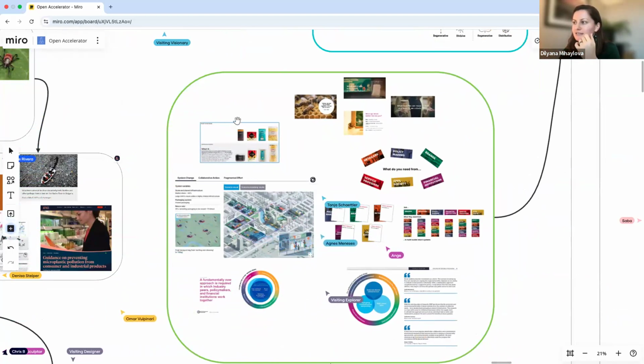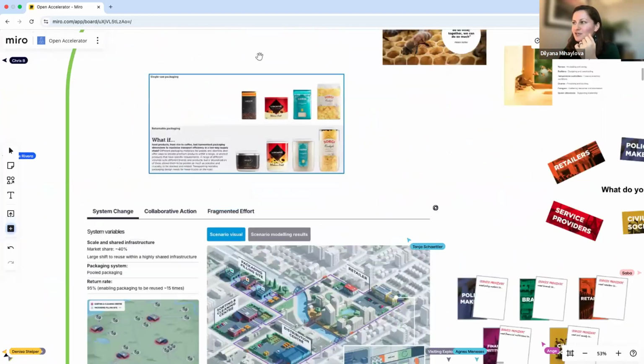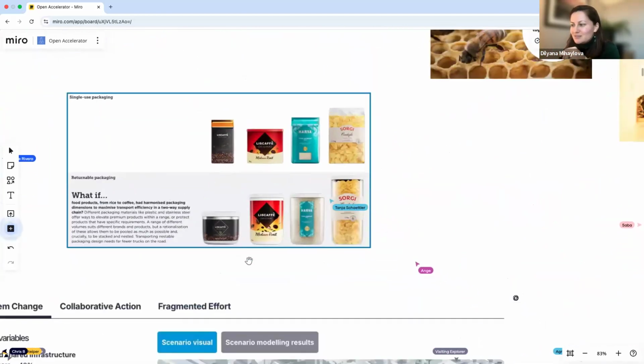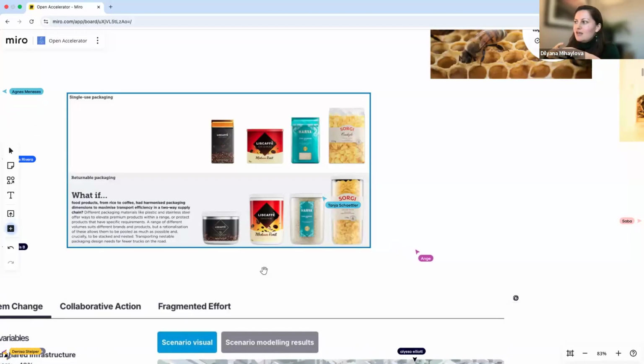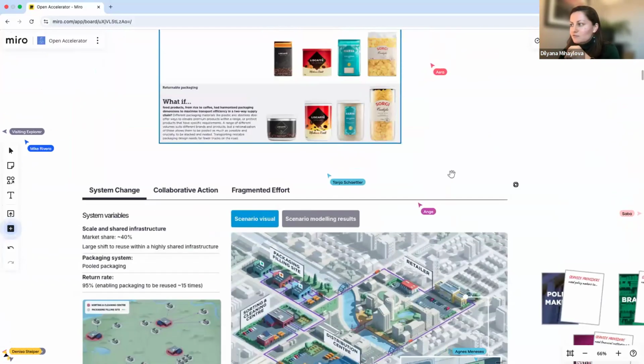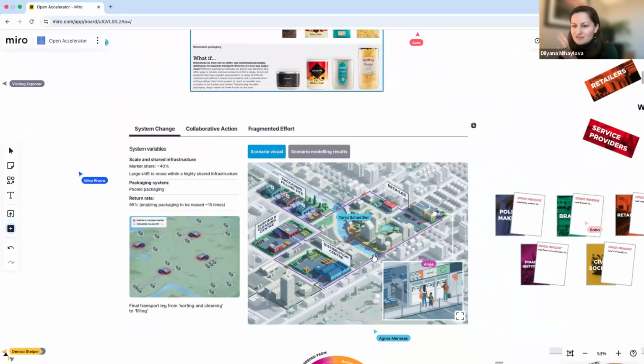So we worked with some design agencies, and we created these fake brands that look like real brands, but are completely made up, to show that we can create standardized packaging that can be used for anything from coffee to rice to pasta, and it's not in flexible plastic packaging, but is something that can be cleaned and maintained in circulation, that can really support a system in a city. And there's an animation on the website where we decentralize where packaging ends up, and a city can fully manage that.